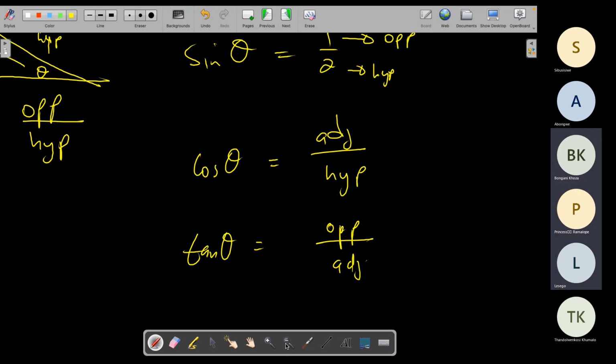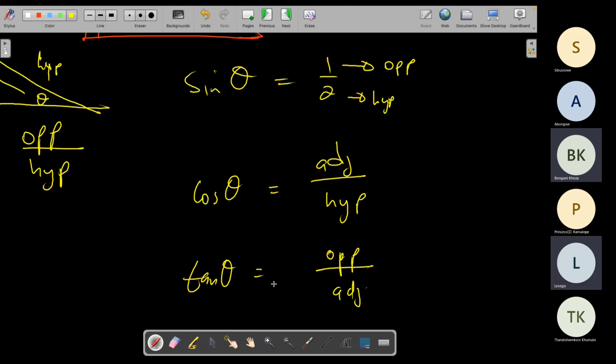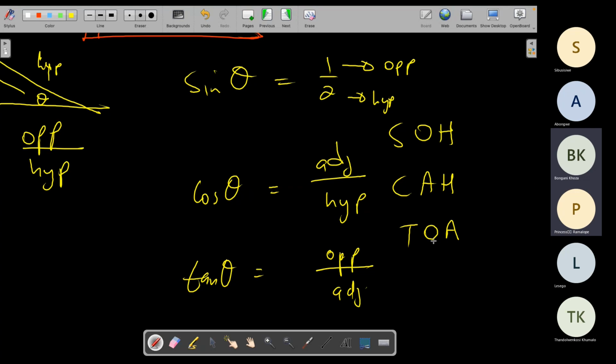That is the SOHCAHTOA I was talking about. That's the SO, which is sine opposite hypotenuse. And then CAH, that's cos adjacent hypotenuse. And then TOA, that's tangent opposite adjacent. This is the SOHCAHTOA I was talking about.